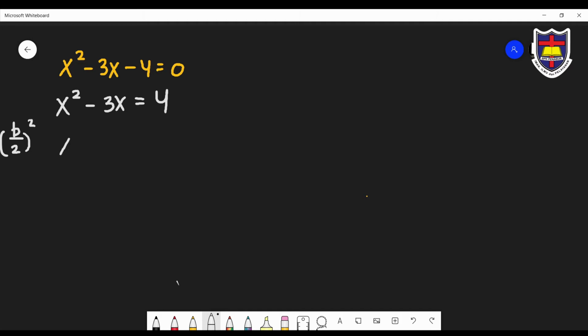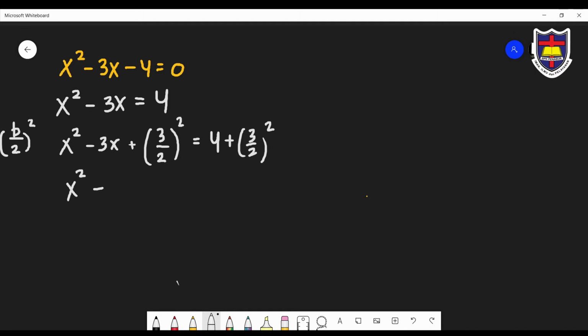So we have x squared minus 3x plus (3 over 2) squared, and on the right side 4 plus (3 over 2) squared. So we have x squared minus 3x plus (3 over 2) squared equals 4 plus 9 over 4.